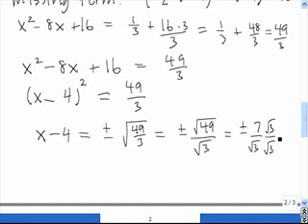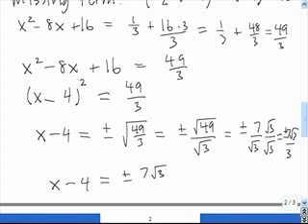So this gives us plus or minus 7 square root of 3 divided by root 3 times root 3 is 3. Okay, so what we have now is that x minus 4 is equal to plus or minus 7 times the square root of 3 divided by 3.